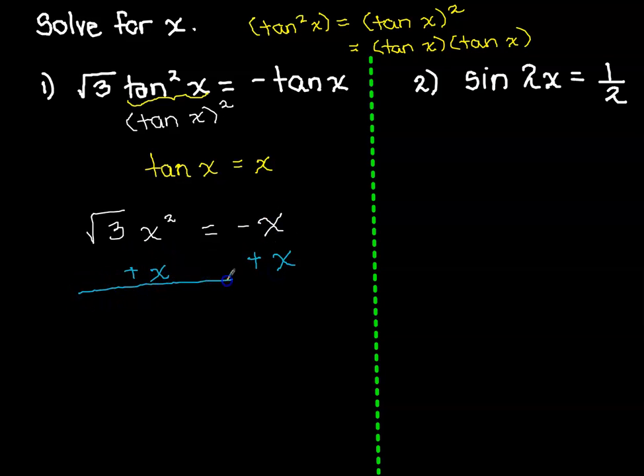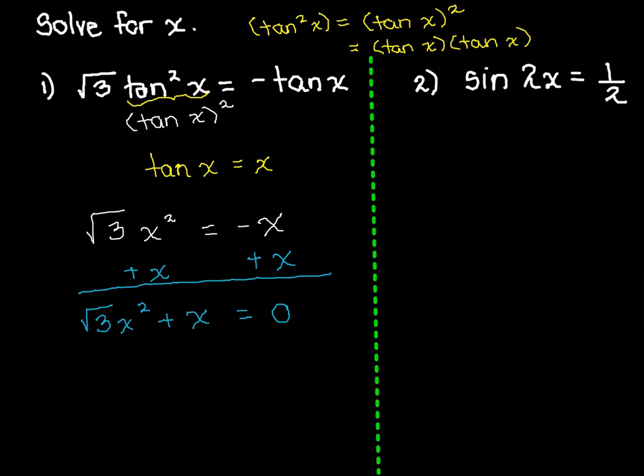Keep in mind that on the left, these are not like terms. This one has an x squared, this one has an x, so I don't do anything with them but bring everything down. So square root of 3 x squared plus x equals 0. Now, usually you have ax squared plus bx plus c, and you factor by multiplying first times last, and so on.